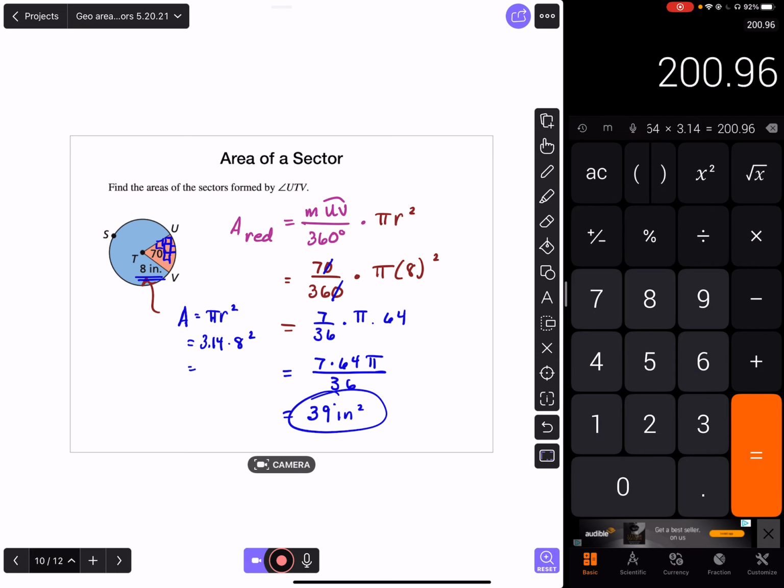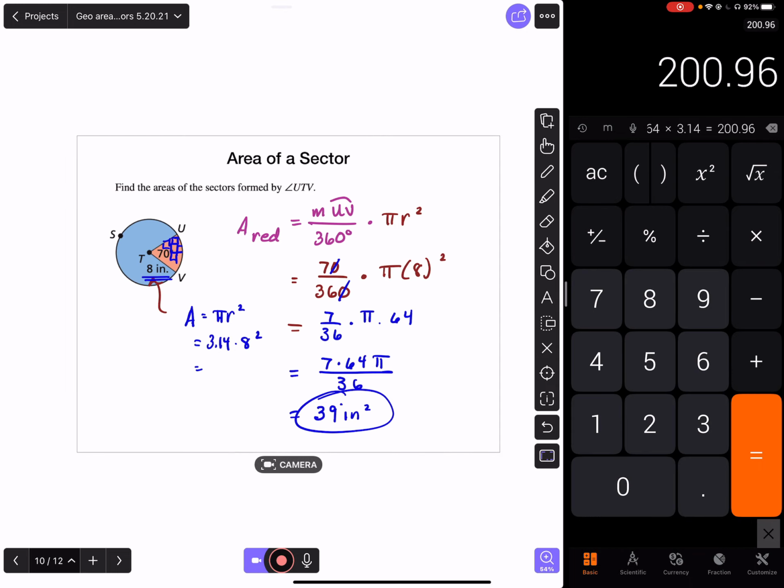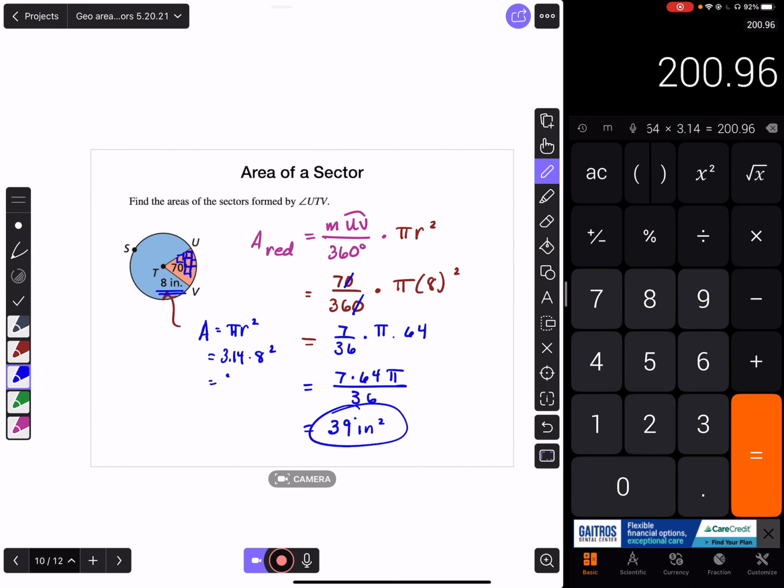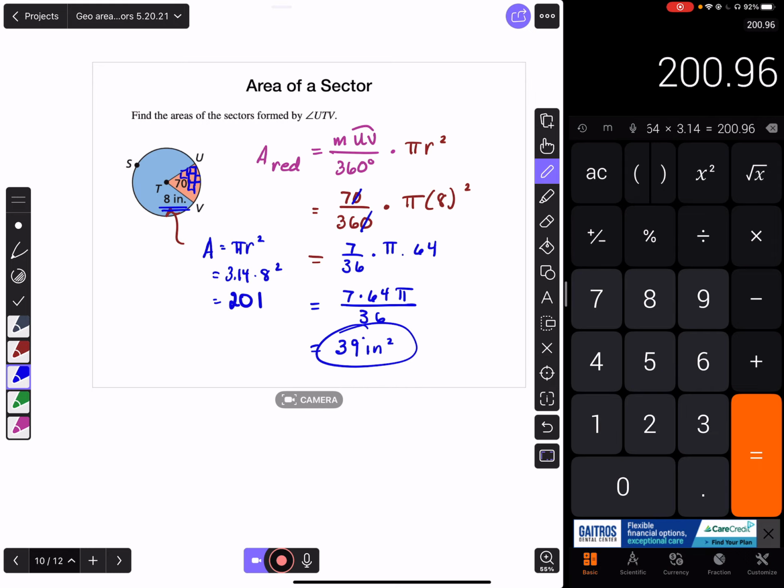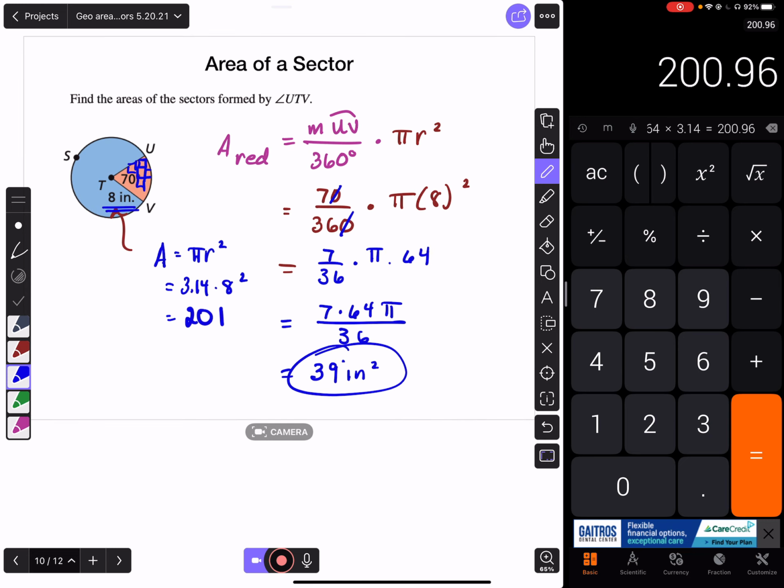So there's the area of the entire circle, 201. And then when you want just the red region, you figure out what part of the circle it is, 70 over 360. And you just take it times that whole area. And that just gives you the portion that you want the area of.